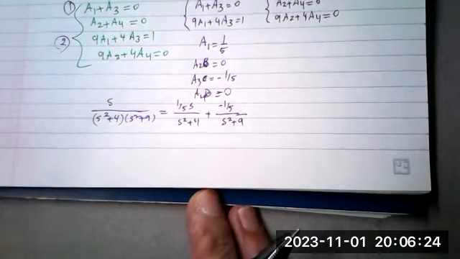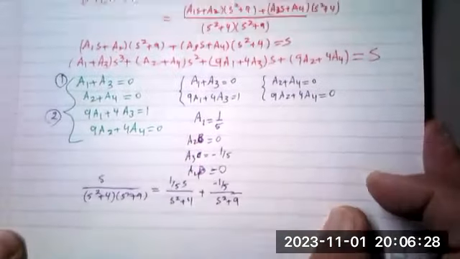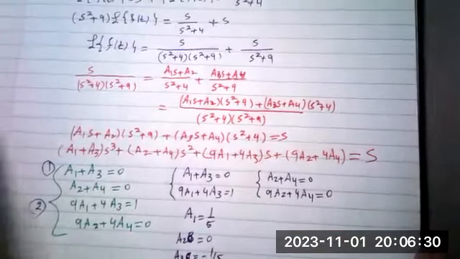But there was another term, s over s squared plus 9, here. Look at this one. We did have 3 terms.